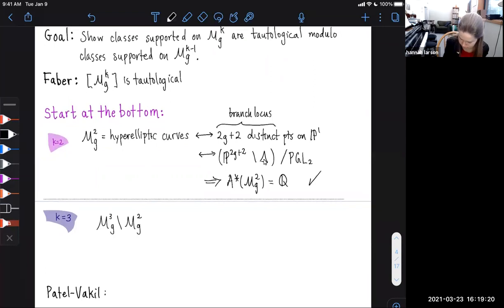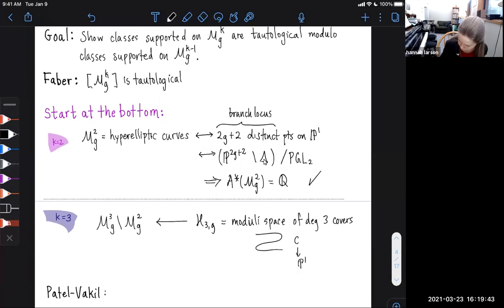And there's a map here to this stratum from H_{3,g}, which is the moduli space of degree 3 covers C to P1.